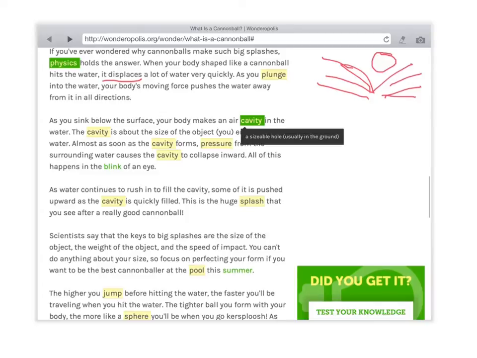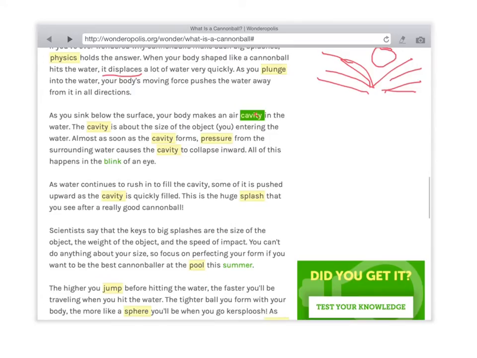Okay, so as I'm trying to get a picture of this in my head, when I jump into the pool, and I dive in and my body needs to be there. Okay, so the water is separating, and in that water then is like this hole, a cavity. Okay, the cavity is about the size of the object, which is you entering the water.